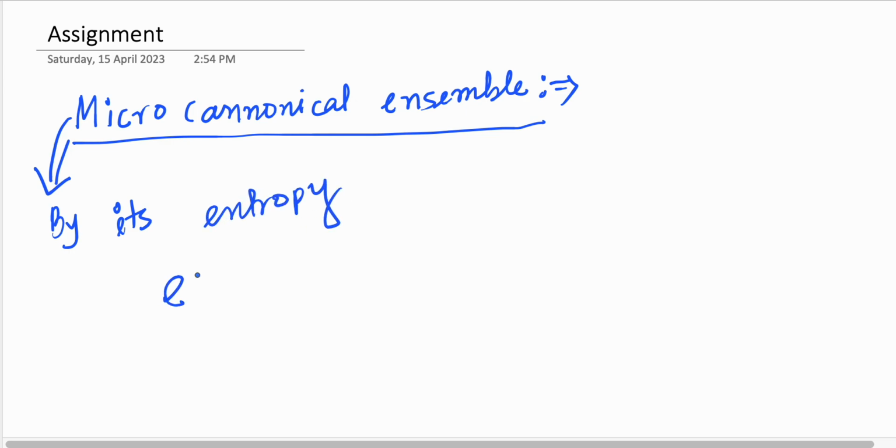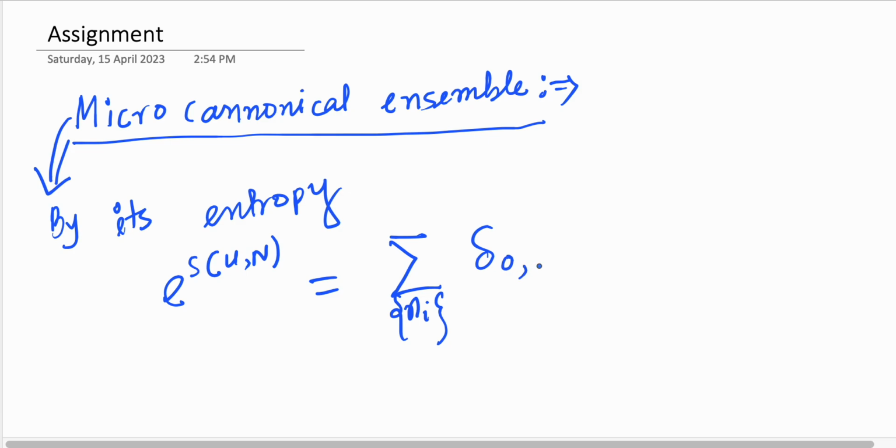And how? e to the power S(U, N) is equal to the summation over all possible combinations of n_i of delta(U minus the summation over i of epsilon_i n_i) and another delta function, which is for the conservation of the total number of particles, N.